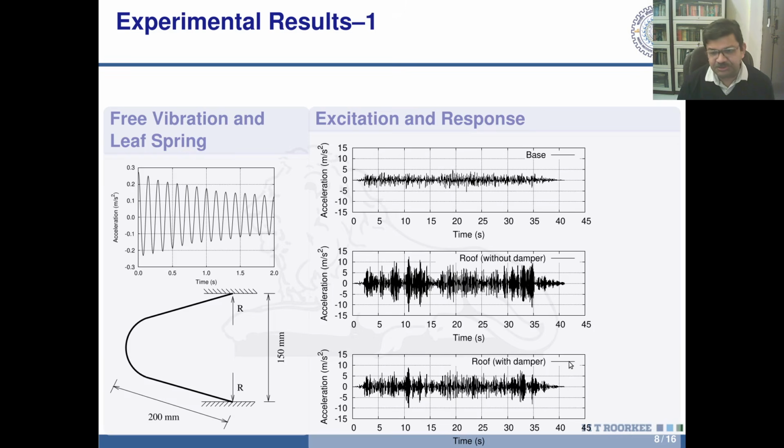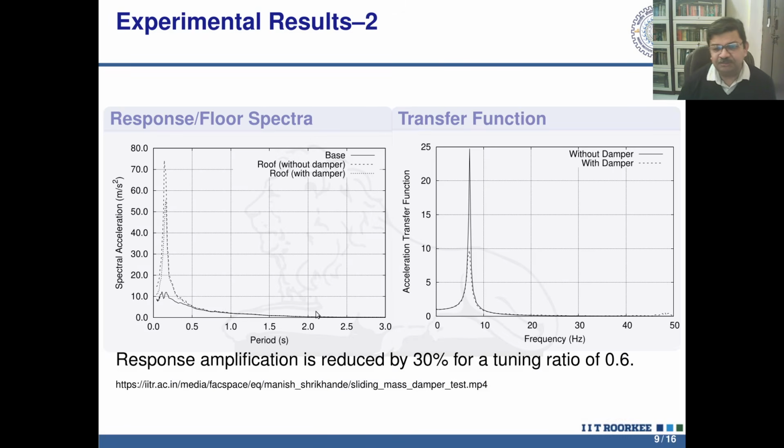We could achieve a tuning ratio of 0.6 because it did not go into several trials with this leaf spring. Whatever leaf spring I got in the first trial, we ran the experiment with that, and that gave us a tuning ratio of 0.6. So even for a tuning ratio of 0.6, the response amplification is reduced by 30%.